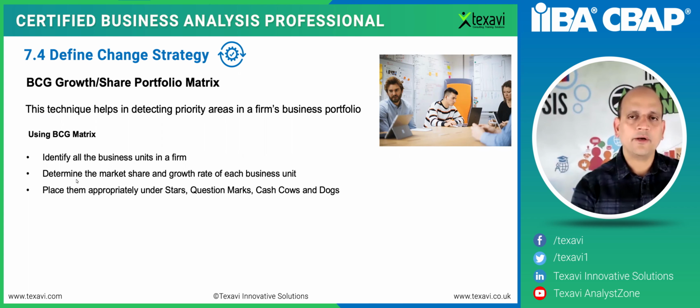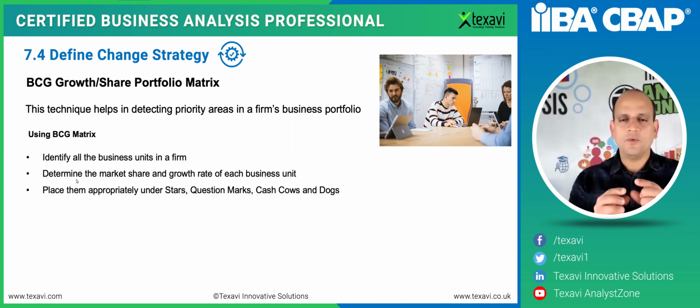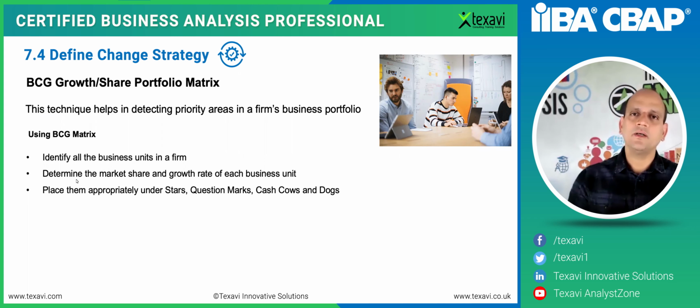And then, across two different axes, we have to identify the market share for that particular product. What is your current market share? Do you have a lion's share at the moment, or is it minuscule? The growth rate is what you plot on the y-axis, in terms of the potential for growth in that particular market segment for each of those products.